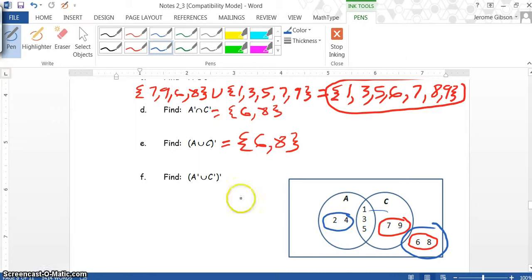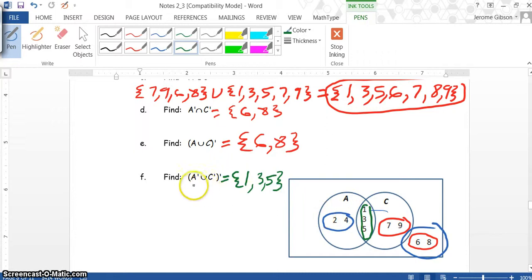So if we union these two, we will add 2, 4, 7, 9, 6, 8. Okay, now we want the complement of that. The complement of all of this would be 1, 3, and 5. This is where they intersect at. So our final answer here would be 1, 3, 5.